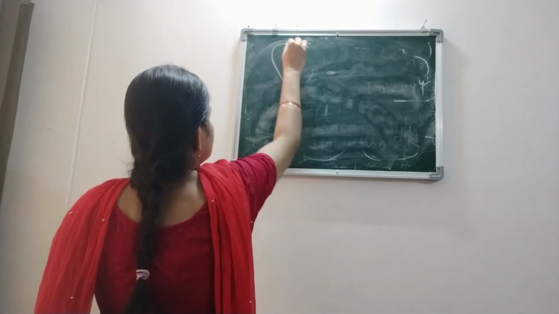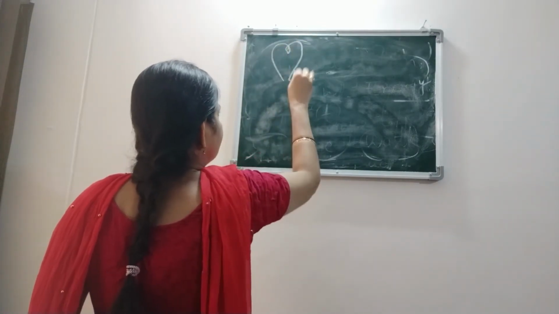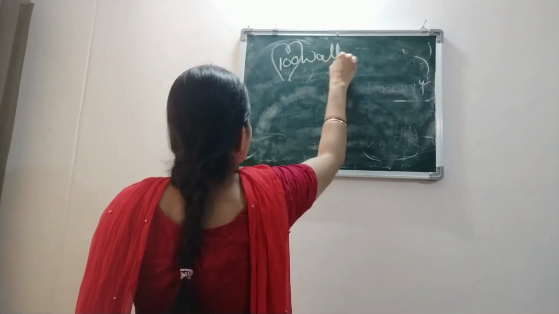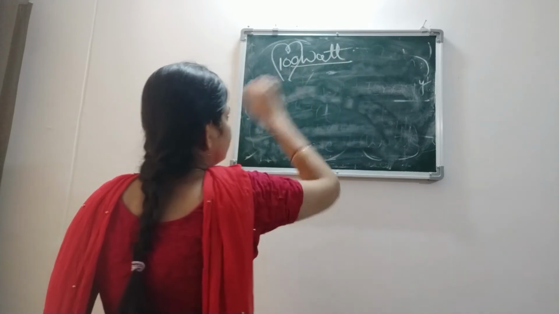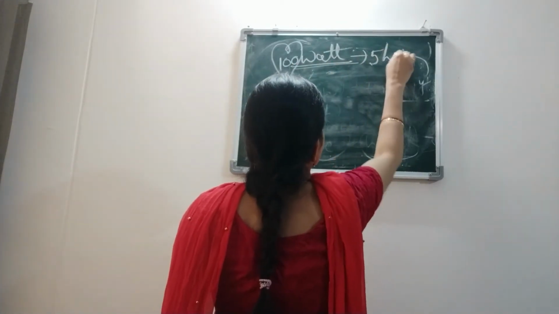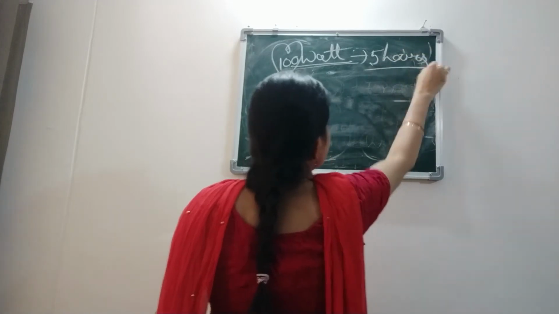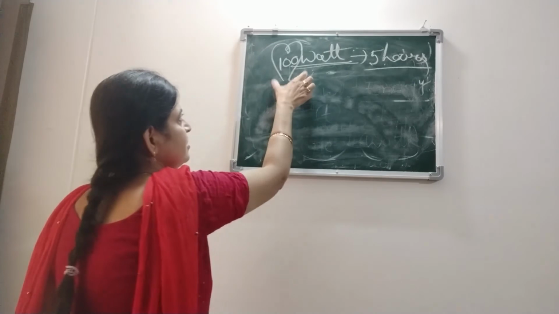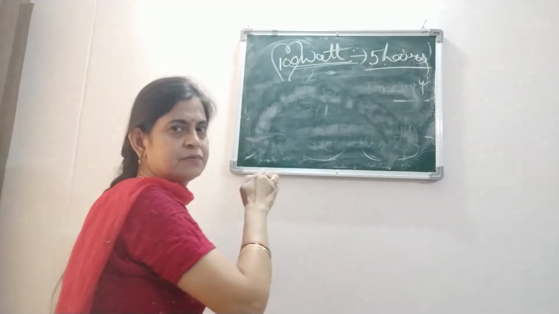Suppose the bulb is 100 watt and we use it for 5 hours. That means time period is 5 hours. Now find out the energy consumed by the bulb.